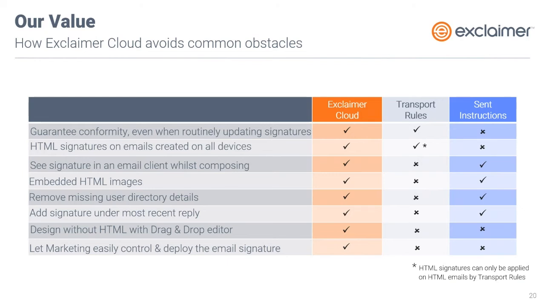You can't embed them. You have to go to your web server, put the image there, and just link to them, which can cause unwanted behavior in the Outlook client where users have to download images before they'll see them. And as well, there's that issue with signatures not being under the most recent reply.